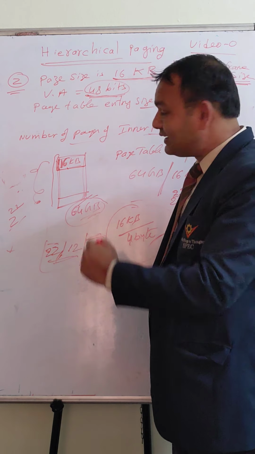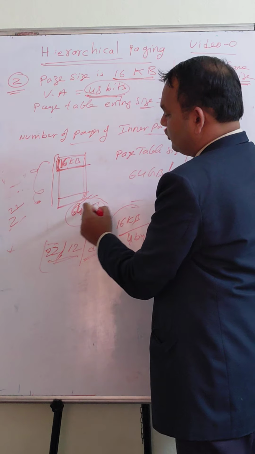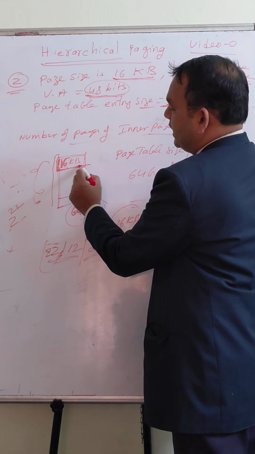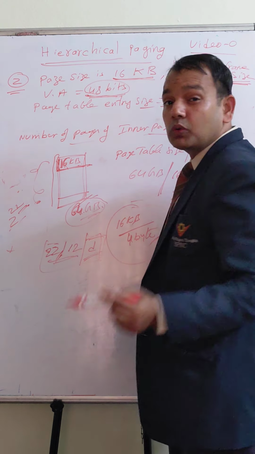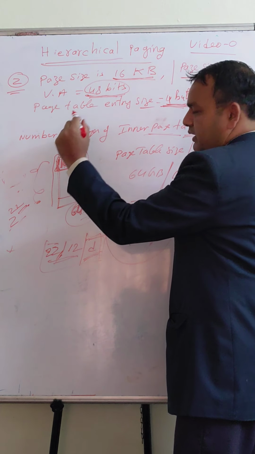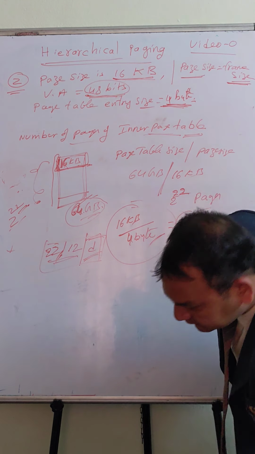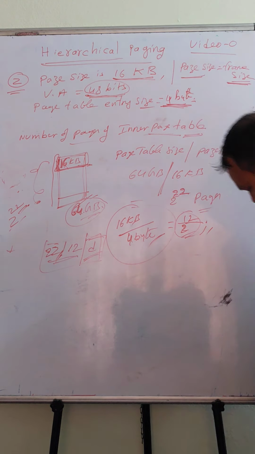The inner page table is divided by 16 KB. Out of 64 GB, we divide with 16 KB, so we get 2 power 22 pages. Within one page, how many bits do we need? What is the offset? 12 bits. Okay. Now we'll continue.